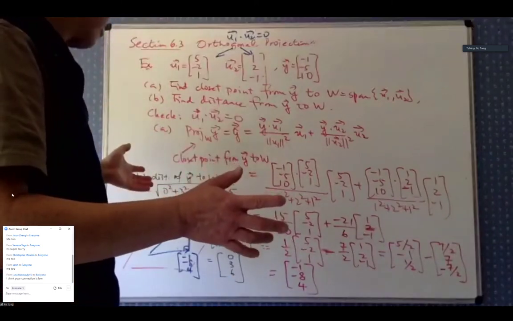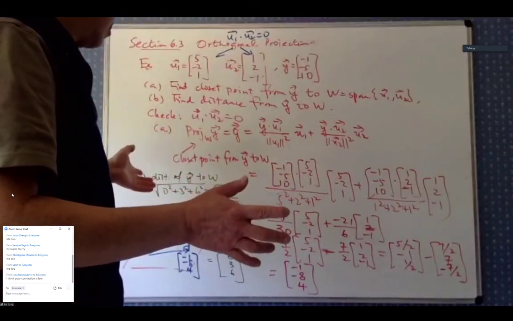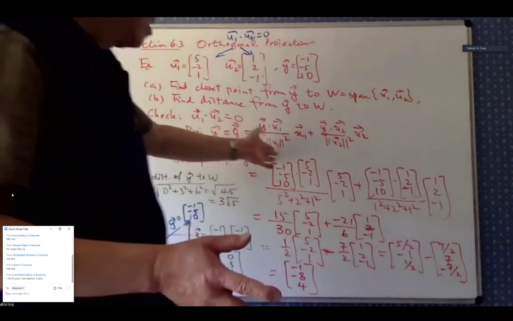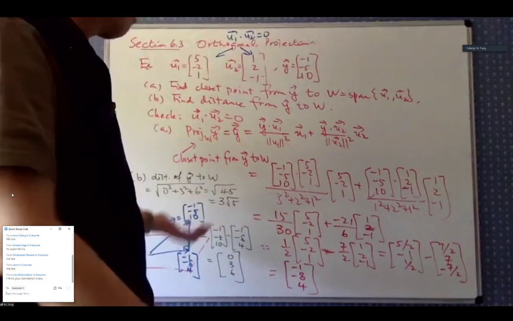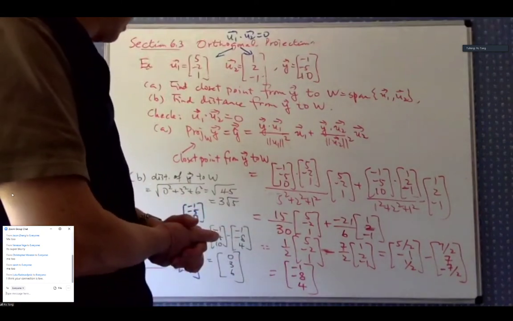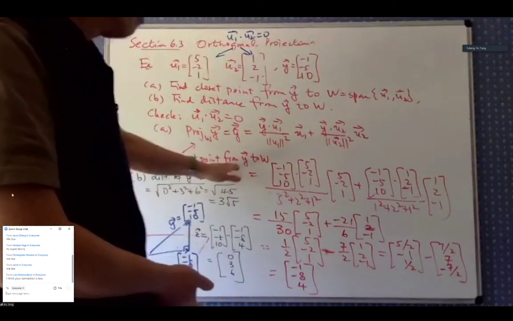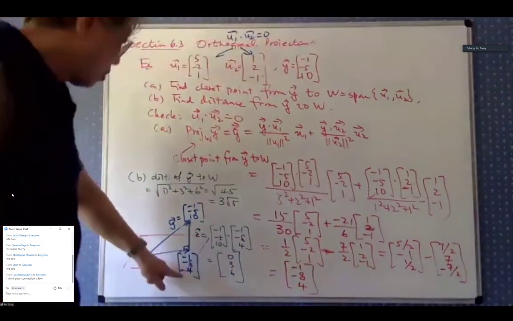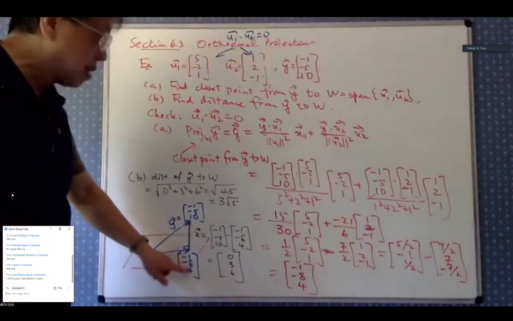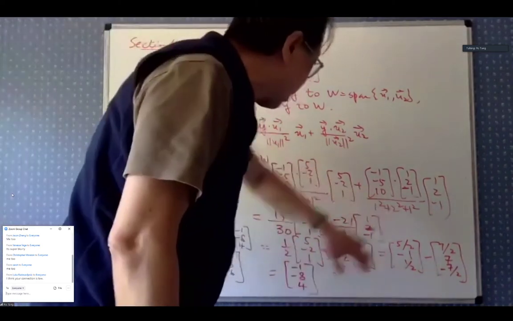And then you just use this formula. Where this formula comes from, I explained to you at the beginning of the lecture through an example. So you just plug in the formula, and then you get the projection, and the projection is -1, -8, 4 after all this arithmetic.